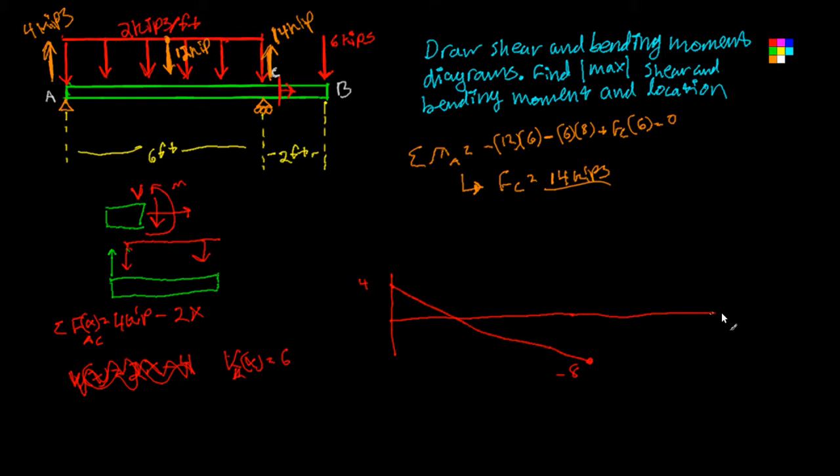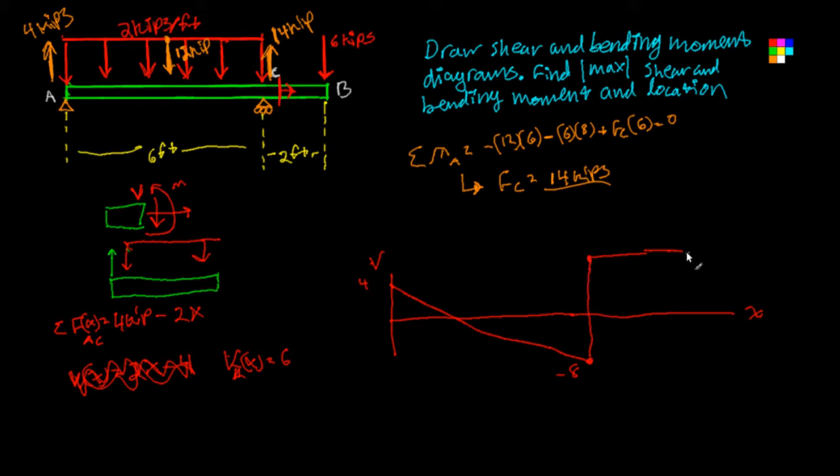Okay. This is shear versus length. And then after 6, from then on we have a constant positive 6. Or yeah, after 6 feet, we have constant 6 kips for the final 2 feet.